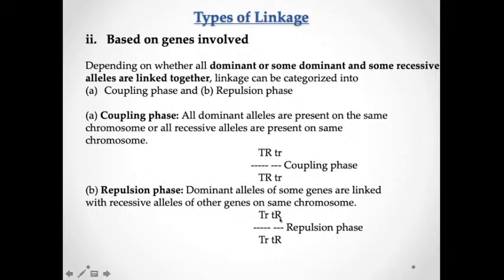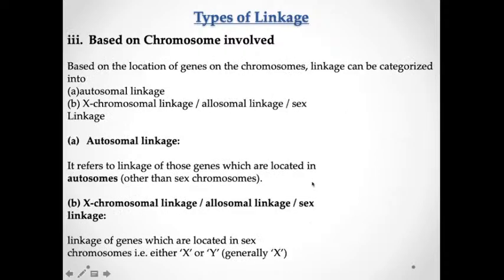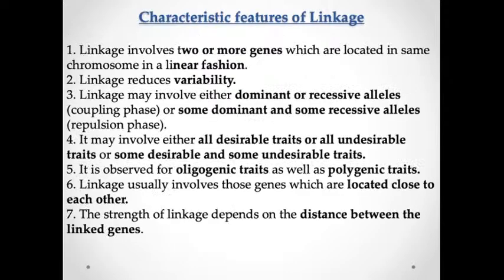So these are repulsion phase and this is coupling phase. Then, based on the chromosomes involved, it could be autosomal linkage or X chromosomal linkage, also called allosomal linkage or sex linkage. Autosomal linkage refers to the linkage of genes located in the autosomes, and X chromosomal linkage is the linkage of genes located in the sex chromosomes, that is either X or Y.